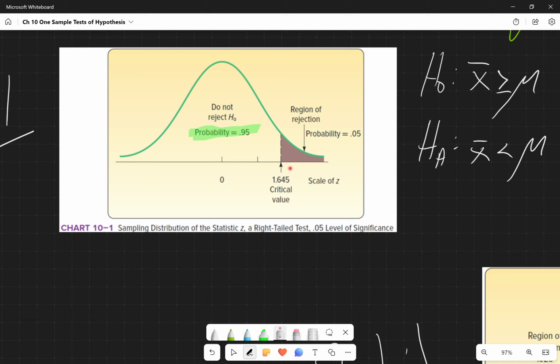We need that difference to be less than 1.645 in order to make a statement about the null hypothesis and our rejection of it.